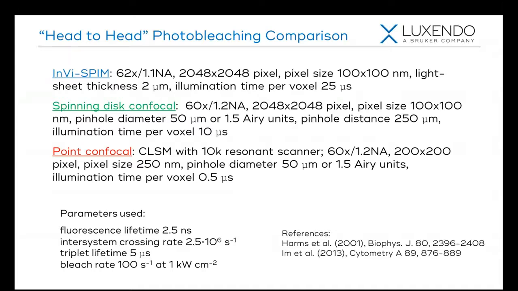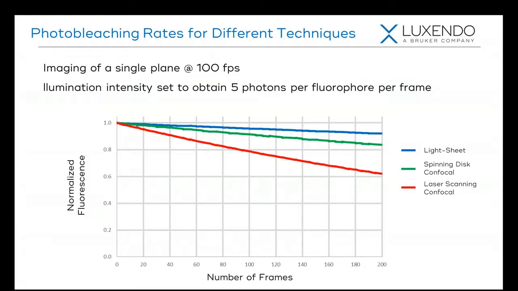It's a busy slide, I understand that, but what we're trying to set up here is that we are putting these three different systems in essentially the same optical configuration so that we can test the photobleaching theoretically. We've got some references here over on the right and parameters for the equations on the left, and I'm not going to show you the math, but I will show you a couple graphs after it's been plugged in.